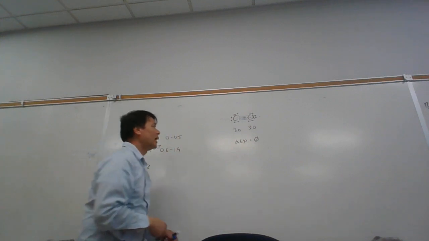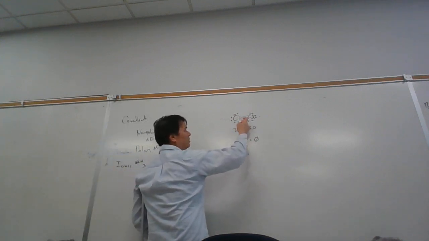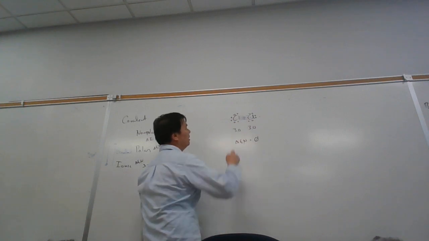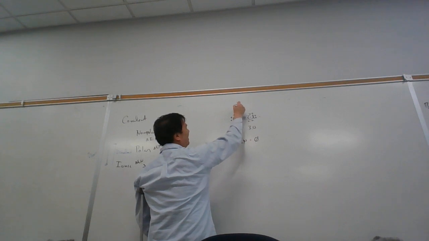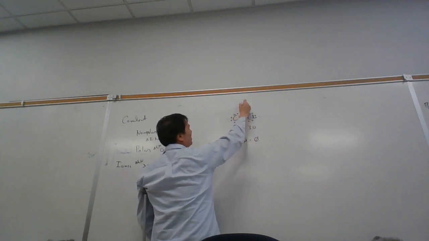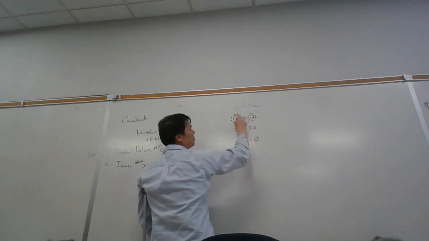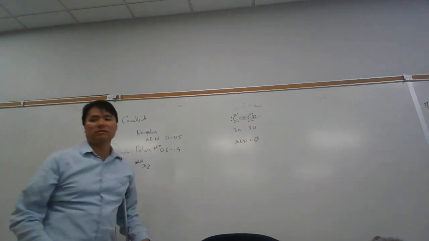If we have overlap within the internuclear axis, we call it a sigma type bond, or a sigma bond. And so this would be an sp3-sp3 sigma bond, sigma indicating the overlap is within the internuclear axis.